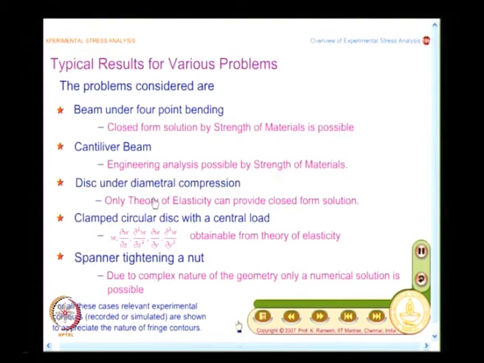When you come to disc, you can't do it by strength of materials, but theory of elasticity can provide a closed form solution. And for clamped circular disc, you could find out the displacement, slope and curvature from a study of theory of elasticity, theory of plates. And finally, spanner tightening a nut, we have seen earlier that it is a down to earth problem. Surprisingly, you can't solve it by analytical methods, you have to solve it either by numerical or by experimental methods alone.